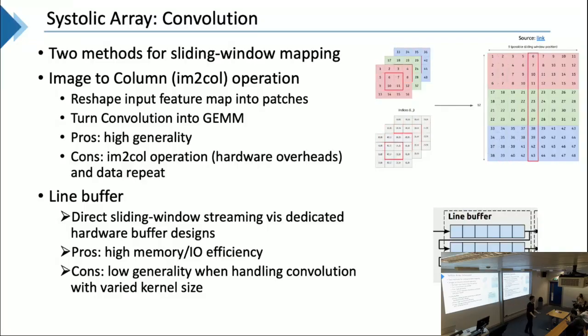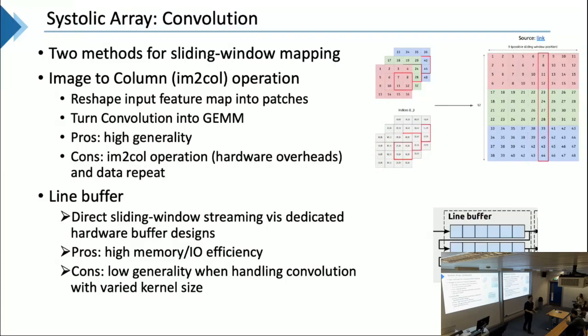Although this is very general, it will introduce a lot of actual memory overhead, because you are trying to have the data copied multiple times when you do this computation.